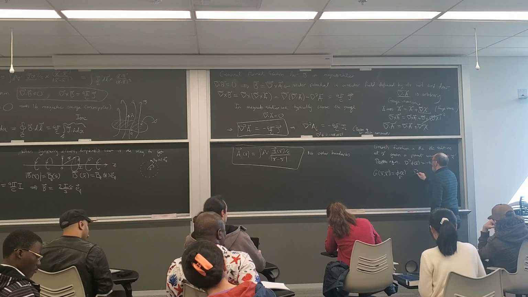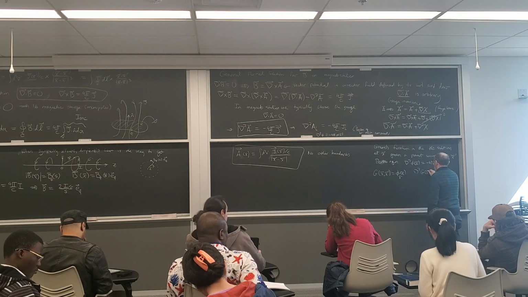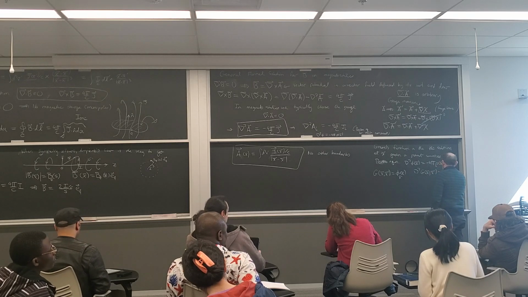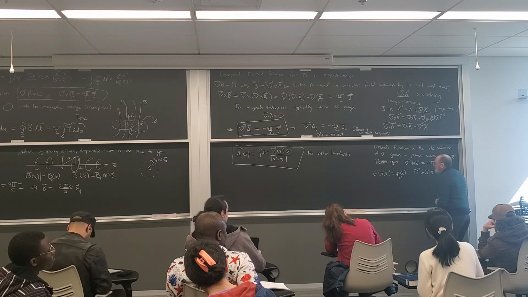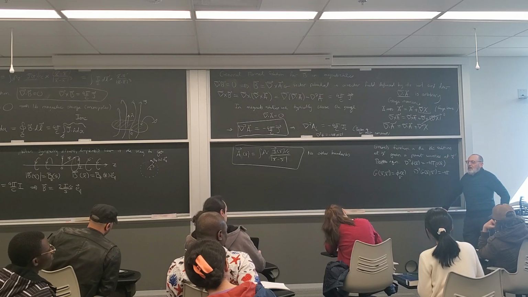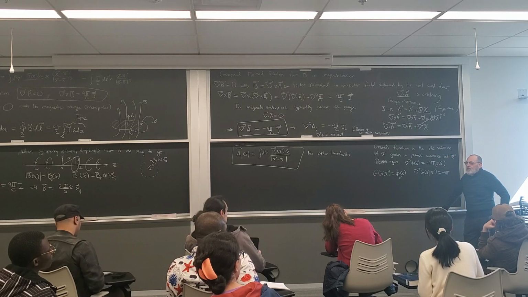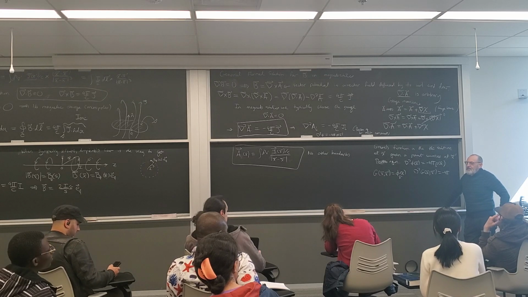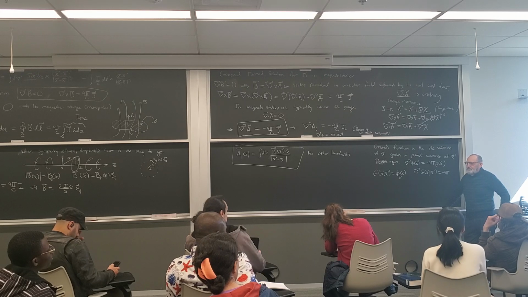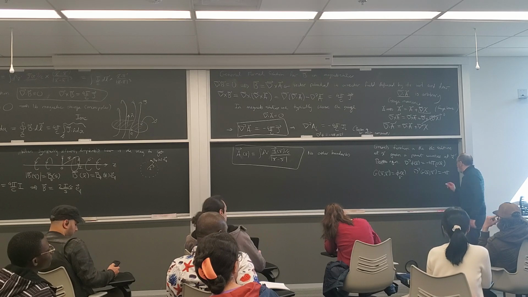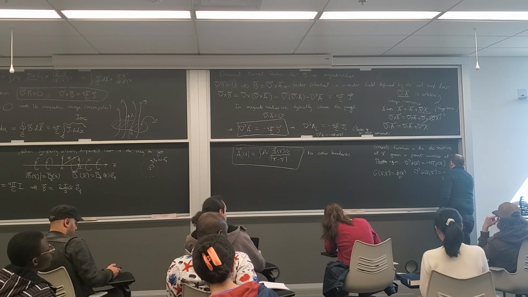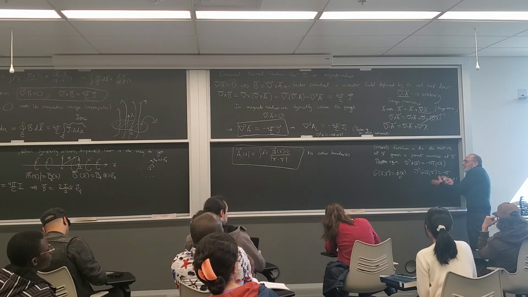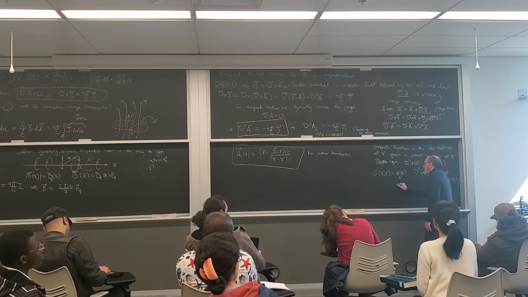And the Green's function thus satisfies this, where the source is a point charge at x prime. What is the charge density at x given a point charge at x prime? Delta cubed of x minus x prime. Okay, and the solution to this equation is 1 over r.